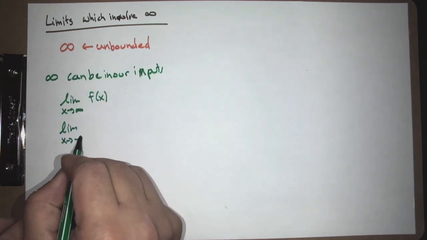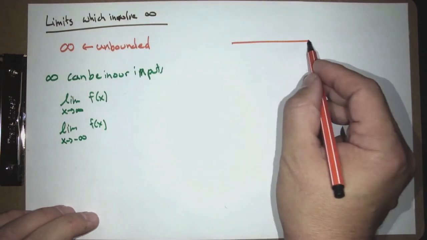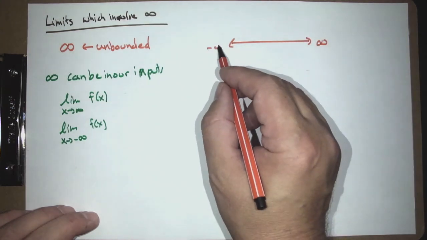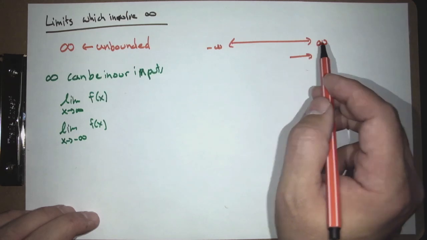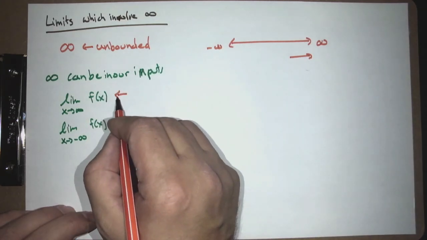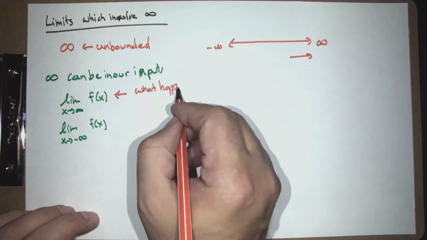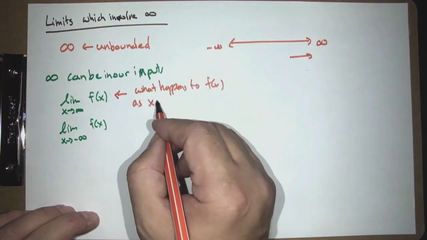In our class, we're going to have two types of infinity: positive infinity and negative infinity. So when we say x is going to infinity, what we really mean is that x is growing unboundedly in the positive direction. So we're getting larger and larger. So here, when we talk about this limit, it's what happens to f of x as x gets arbitrarily large positive.